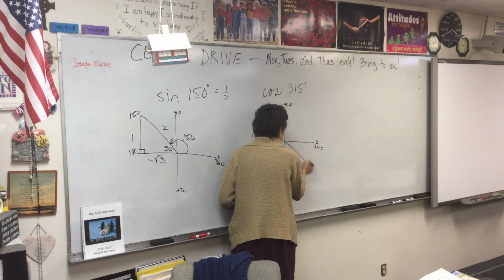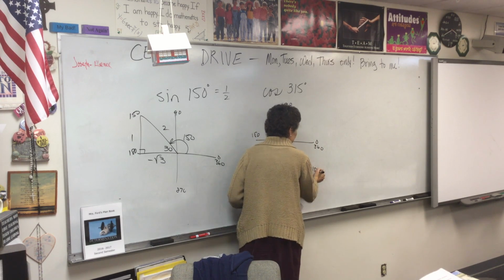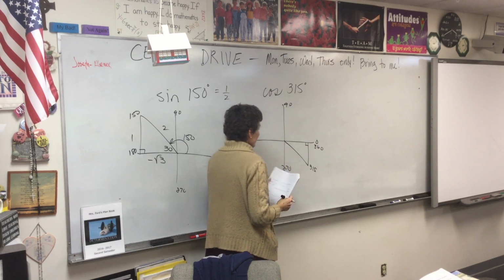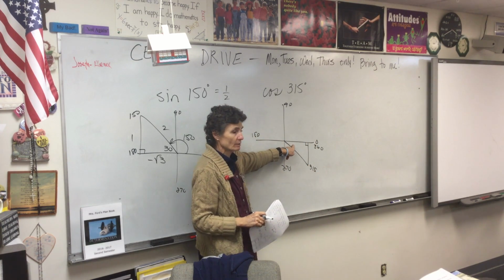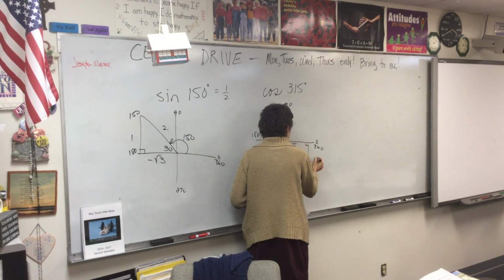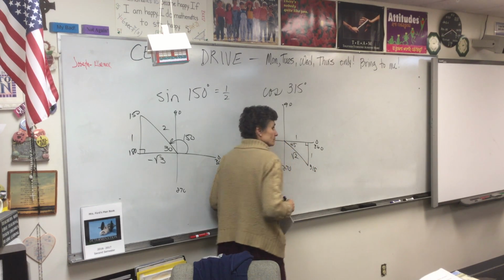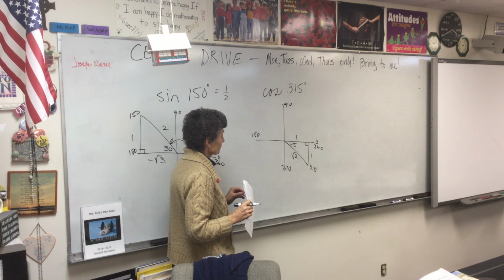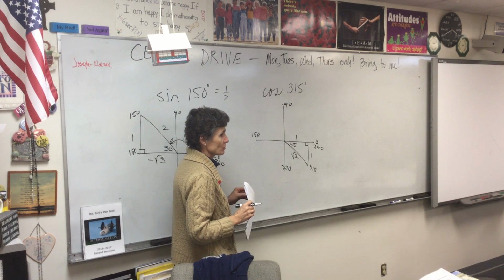So 315 is clear over here, right? Butterfly bow tie it, how big is your reference angle here going to be? 45. We have 1, 1, root 2. John, anything negative in that picture?